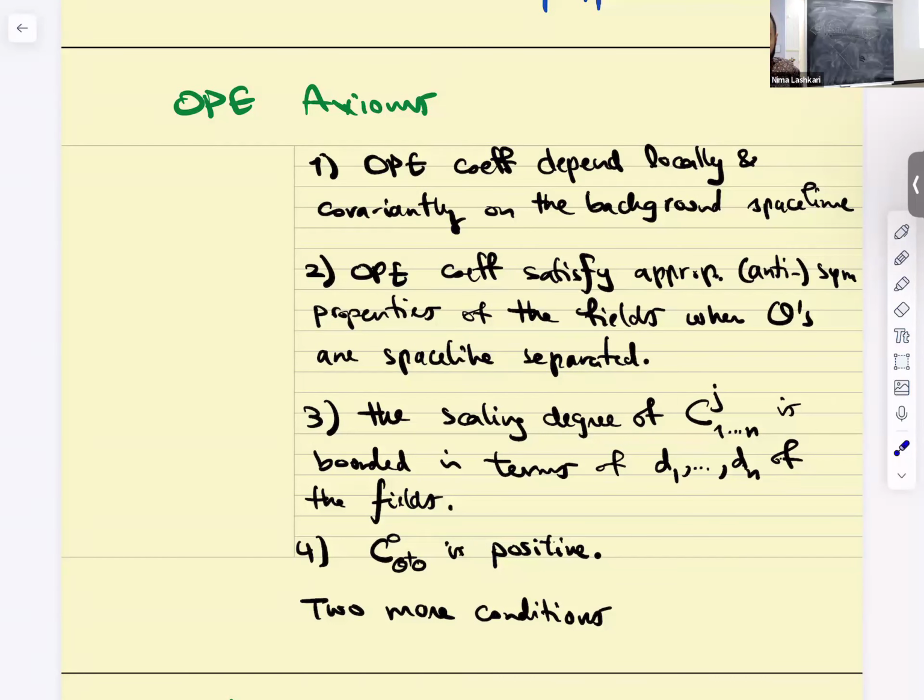Now, there's a funky one. This C_{j 1 to n}, this OPE of n-point functions, should be bounded in terms of d1 and dn of the fields. Does this make sense to you guys? What does it mean? Can you give me an interpretation for this? What was the interpretation of d_i?